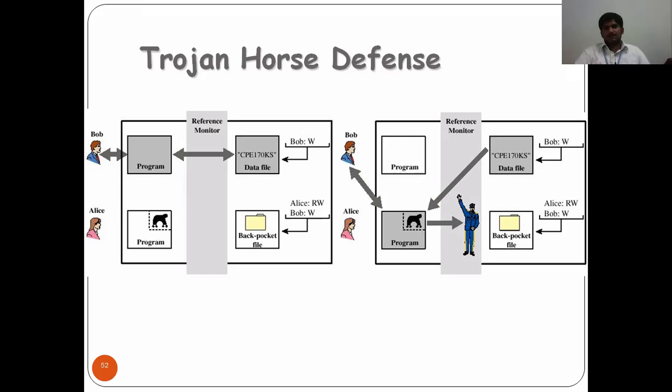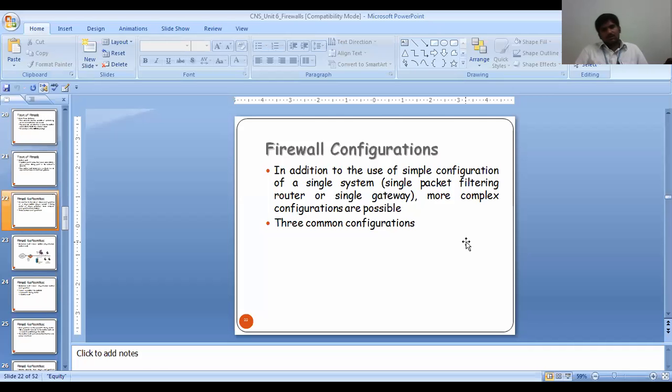Alice reads and writes, and Bob writes the data. In between we put a policeman, a man in the middle, to protect them. So the man in the middle protects the data. That was about how firewalls are configured.